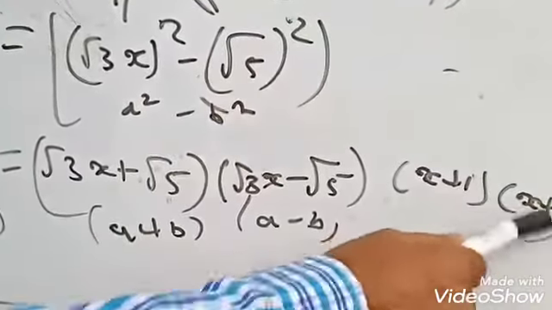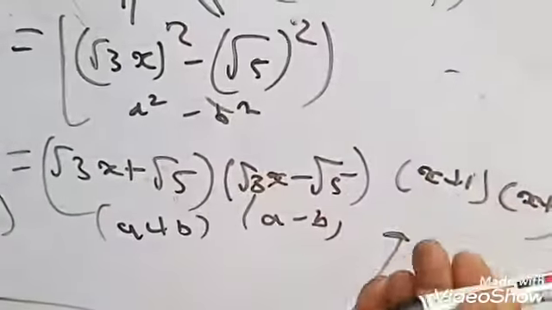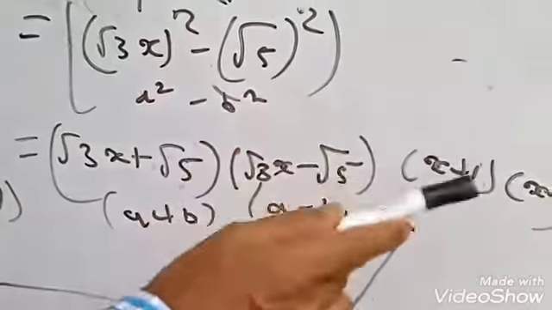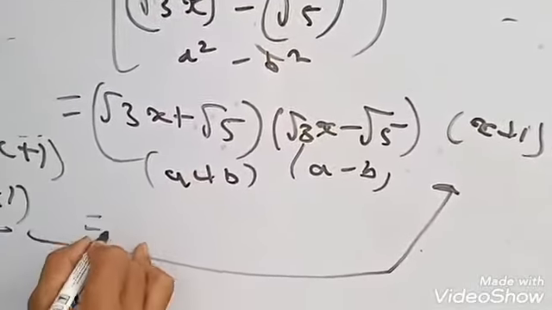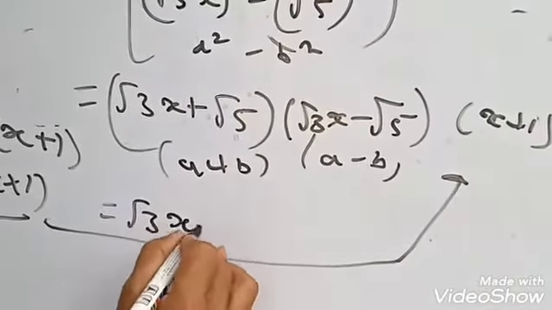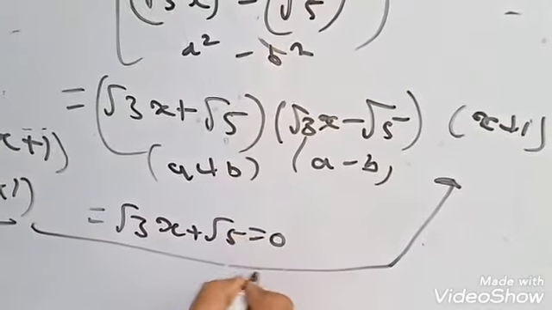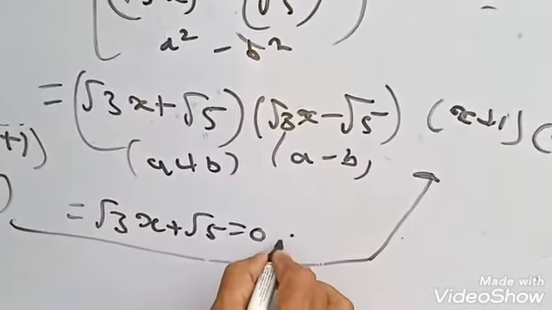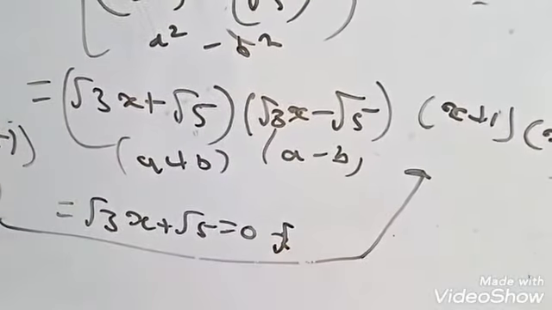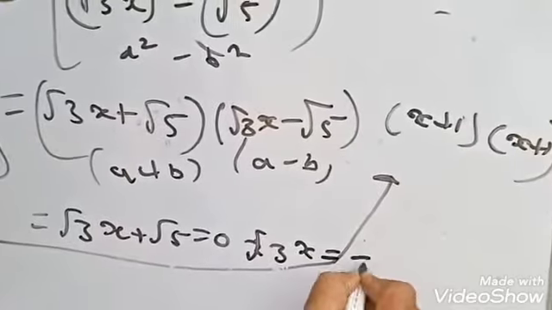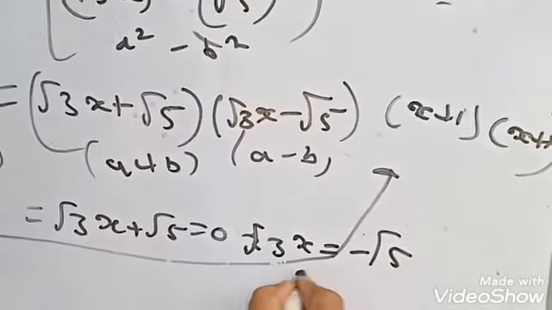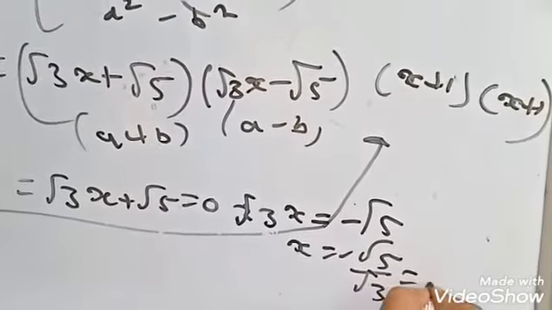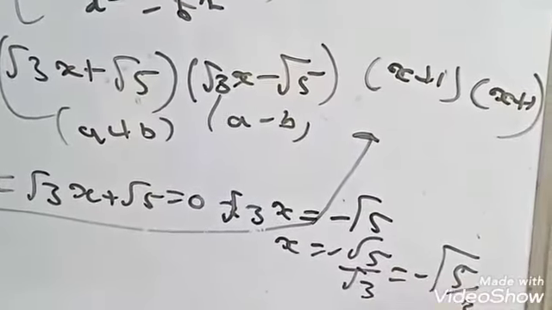All this when multiplied will give 0. If this is the factor, it will give 0. So now root 3 x plus root 5 is equal to 0, root 3 x is equal to minus root 5, x is equal to minus root 5 by root 3, which is minus root 5 by 3.